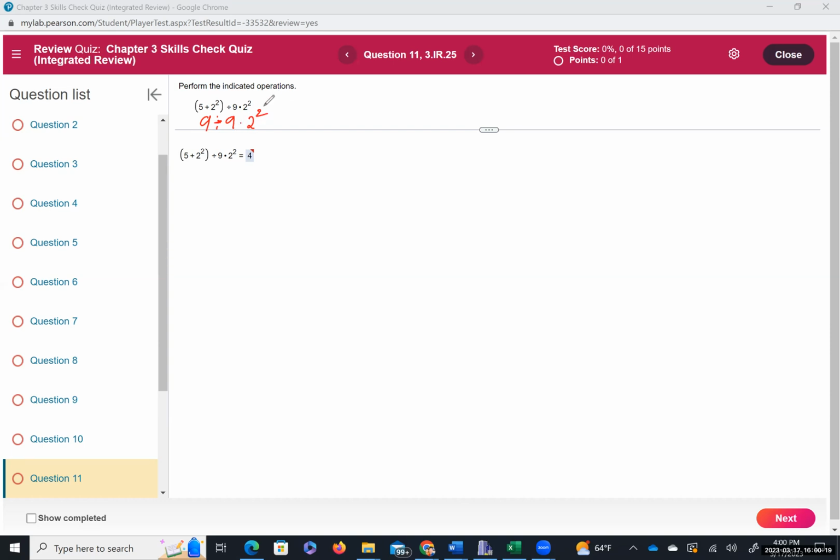So you can take care of the exponent here. So you're going to have 9 divided by 9 times 4, right? And then now you go from left to right, right? 9 divided by 9, and then you get 1, and multiplied by 4 would equal 4. So that's the result I have here.